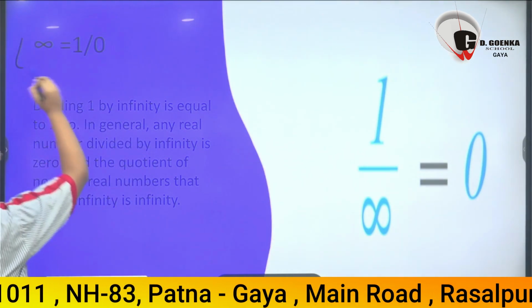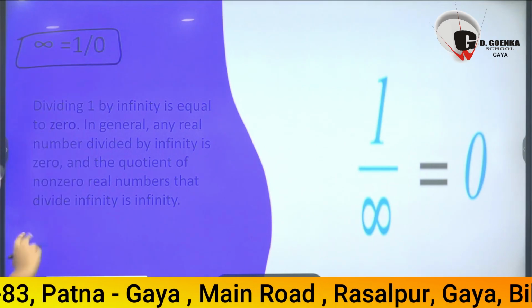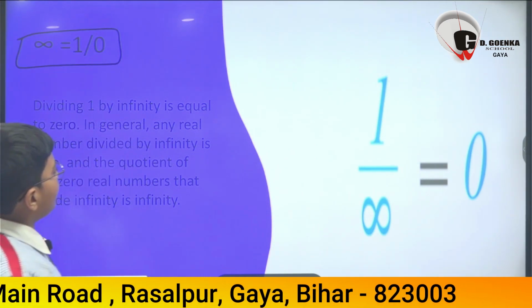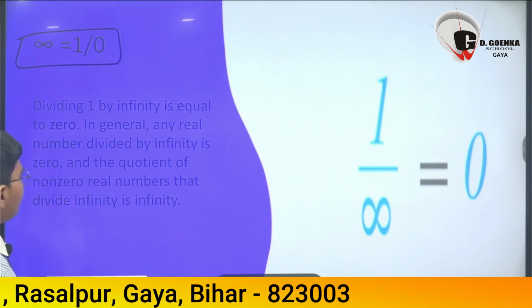Infinity equals 1 by 0. So how is it 1 by 0? First of all, dividing 1 by infinity is equal to 0.